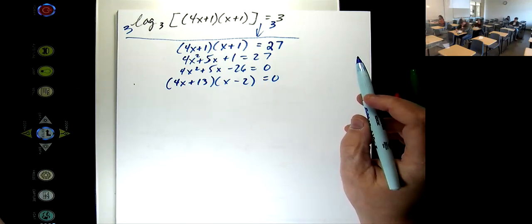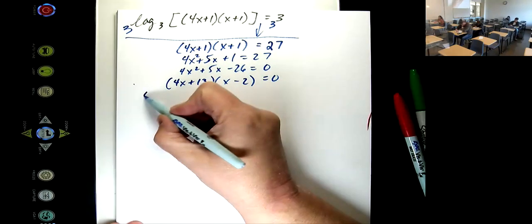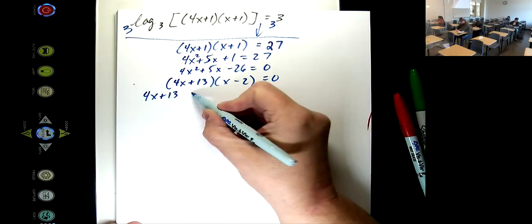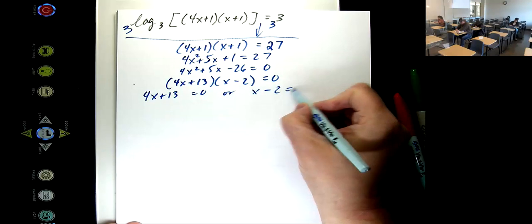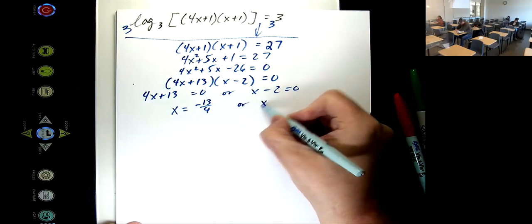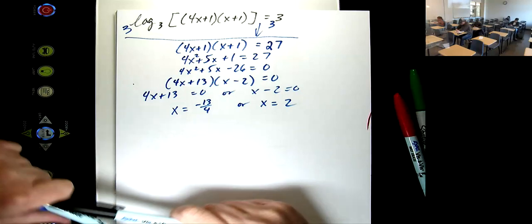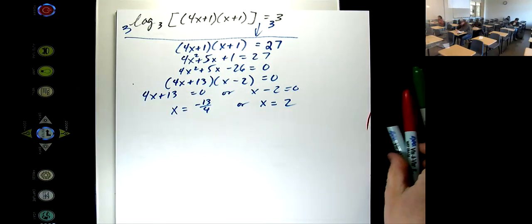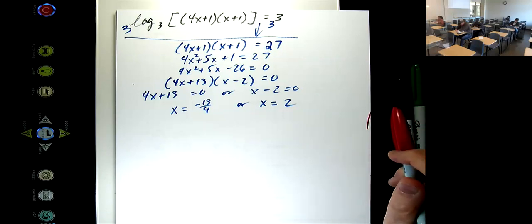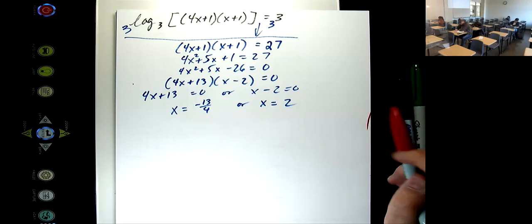That factors to 4x plus 13 and x minus 2. Now we gotta check our answers.